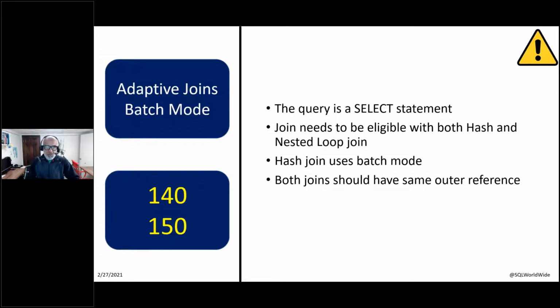Today this is only for batch mode. What does that mean? It means either it has to be a column store index, or your row store has to qualify for batch mode. Only then can you take advantage of this. And of course, both joins need to have the same outer reference. If some of this doesn't make 100% sense right now, once we go to the demo, hopefully it will be clearer for you.